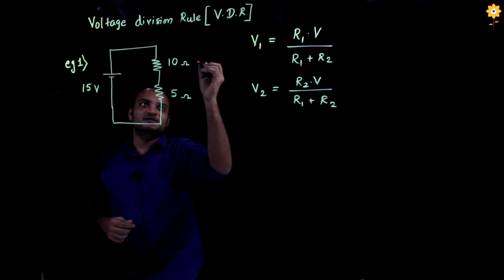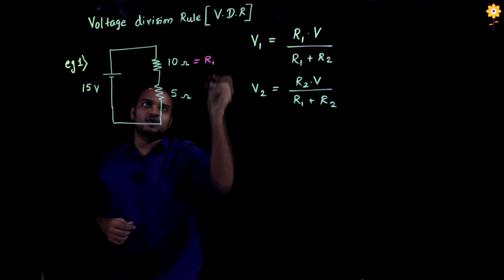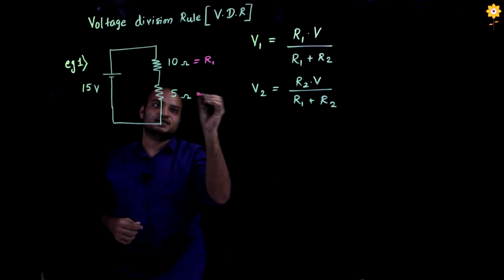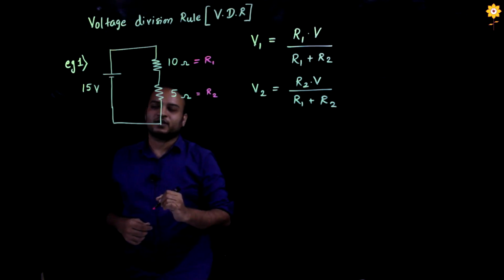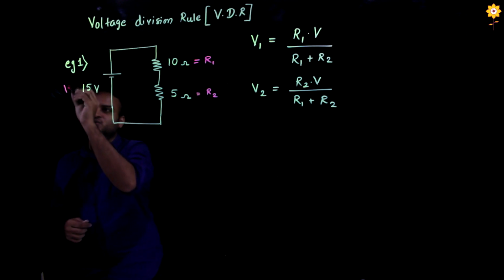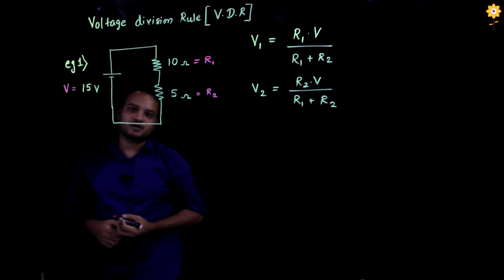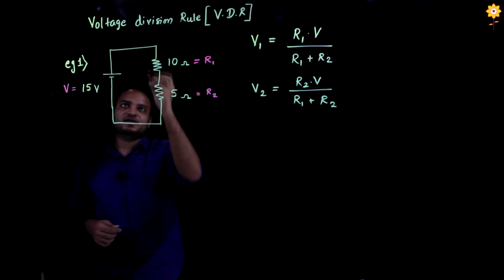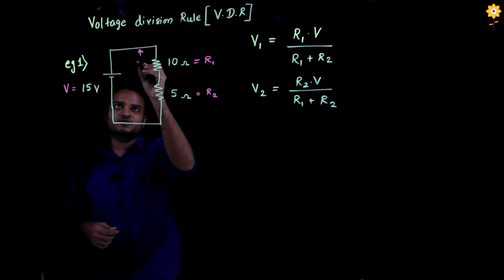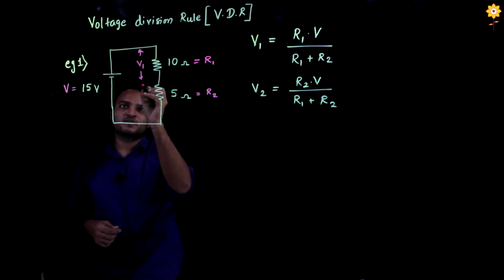Now let's say 10 ohm is my resistance R1 and 5 ohm is my resistance R2 and 15 volt is my total voltage V. Now if I want to find the voltage across 10 ohm, let's say that is V1, and the voltage across 5 ohm, that is V2.